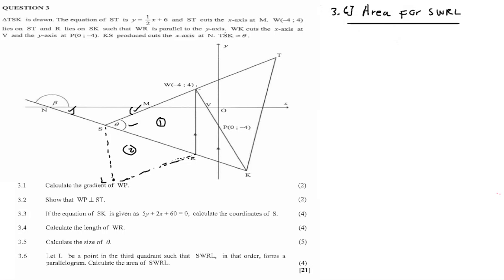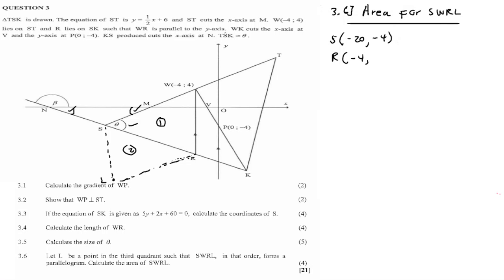So I need the length of SW and the length of SR. So previously we calculated the coordinates of S as -20 and -4, and then for R the coordinates, the x coordinate is -4, and then the y coordinate was what?